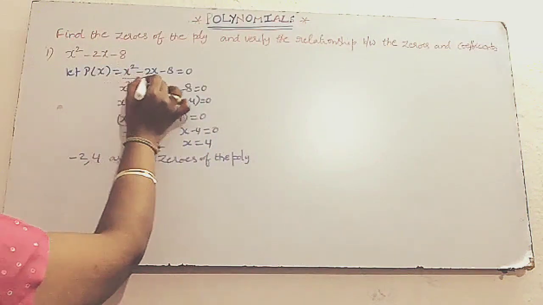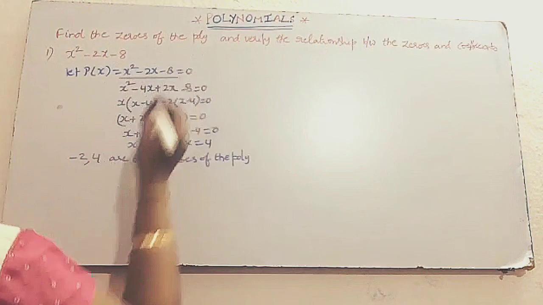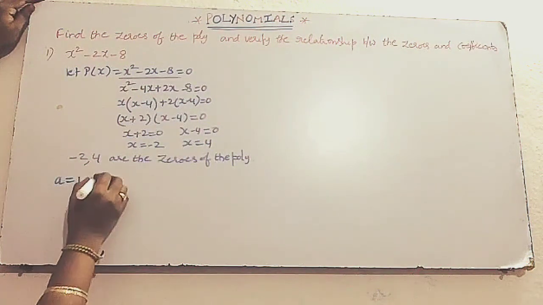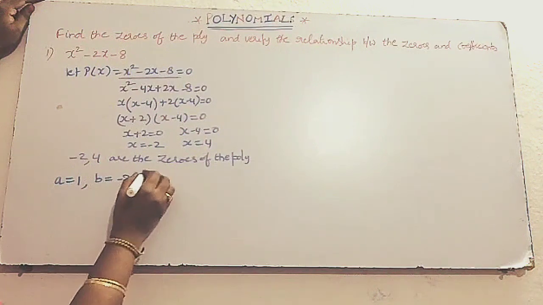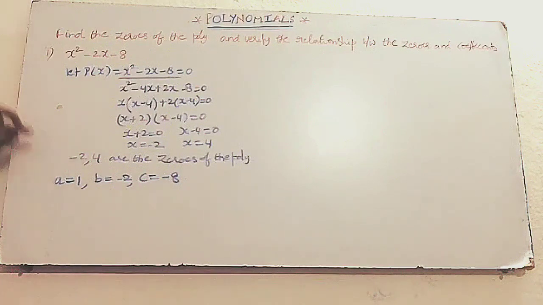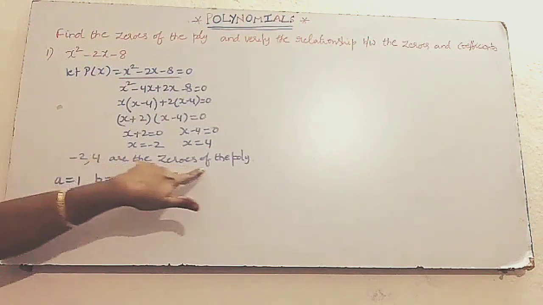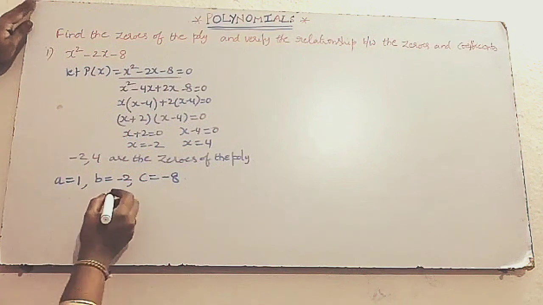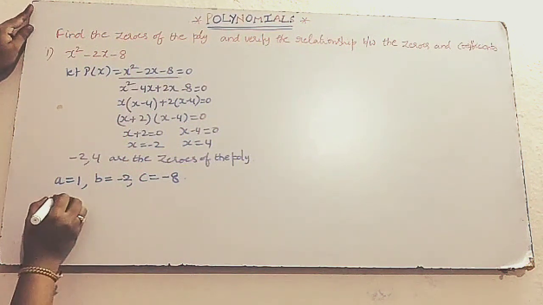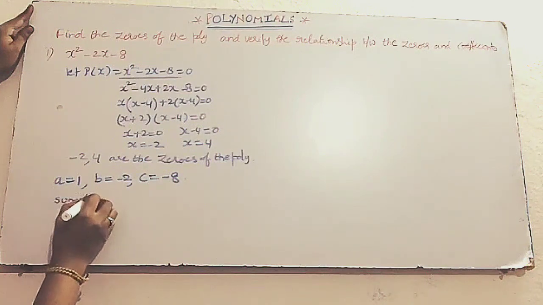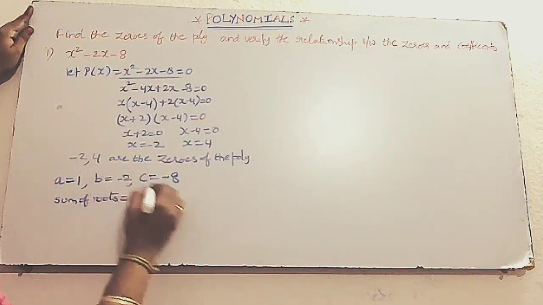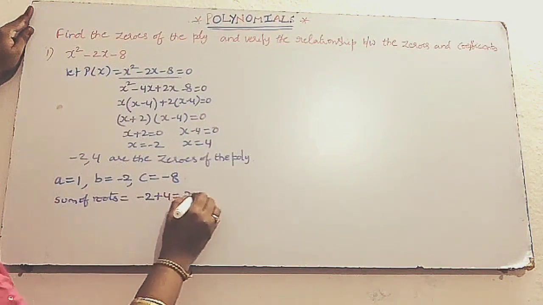Here in this equation, a equal to 1, b equal to minus 2 and c equal to minus 8. So minus 2 and 4 are the zeros of the polynomial. Sum of roots, that means minus 2 plus 4, is equal to 2.